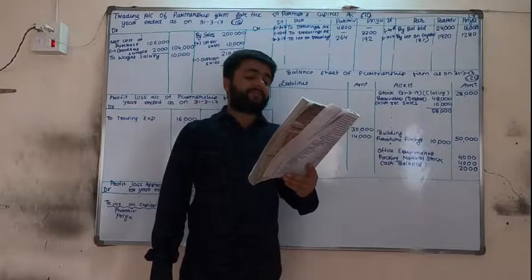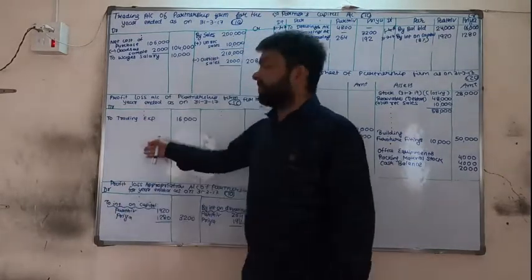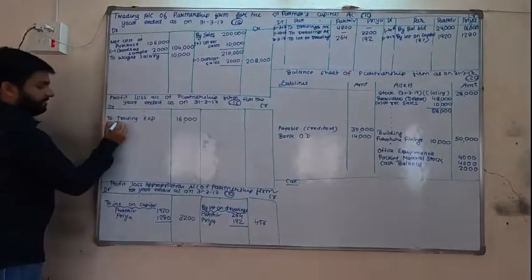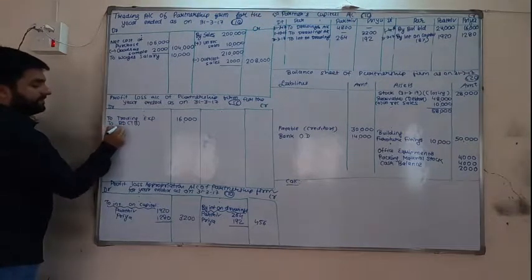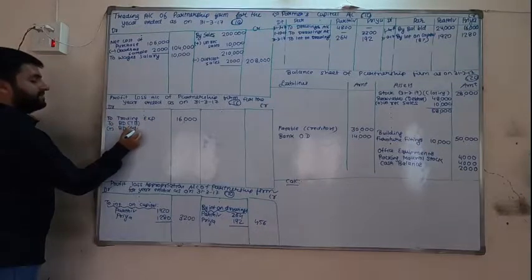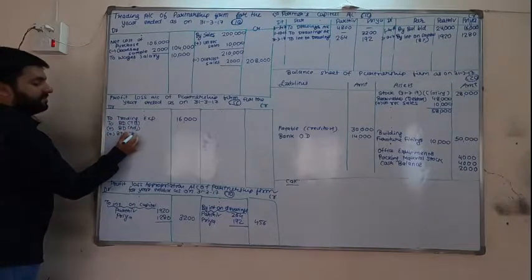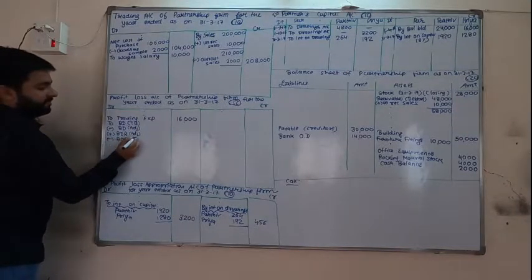Write off bad debts 2000, 5% bad debt reserve on debtors. For that we don't have any format. First we are preparing that format. Debtors: to bad debts trial balance plus bad debts adjustment plus bad debt reserve adjustment minus bad debt reserve trial balance.